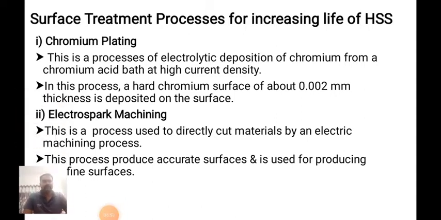Understood? This is the electrospark machining. Actually in the video, the machining or removal of material takes place by electromachining processes, which we have all studied.